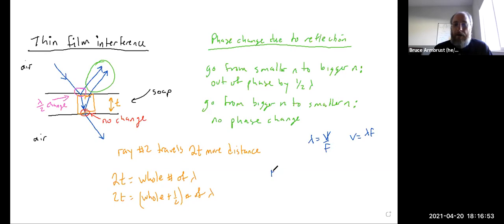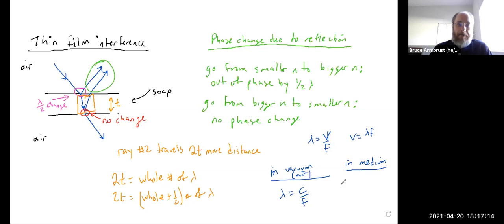So let's think about in a vacuum, and we can say air is close enough there. For light, lambda is equal to C over the frequency. If we go into a medium, the velocity is now going to be less than what it was in the vacuum or in the air.